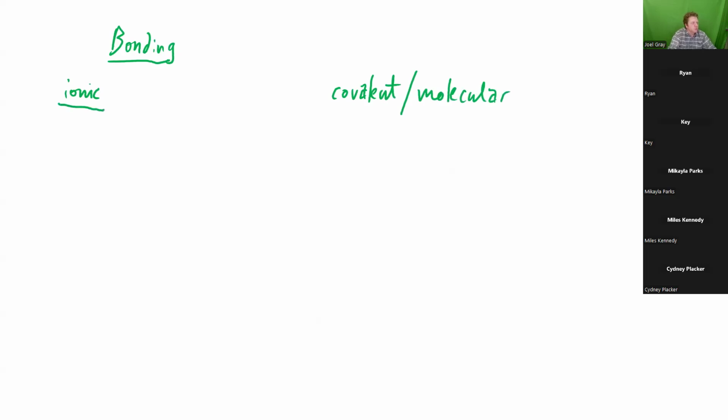When it comes to bonding, there are two major types of bonding. There is ionic bonding, and there is covalent, and I'll say covalent / molecular bonding. The difference between these is that in ionic bonding, electrons are given away.